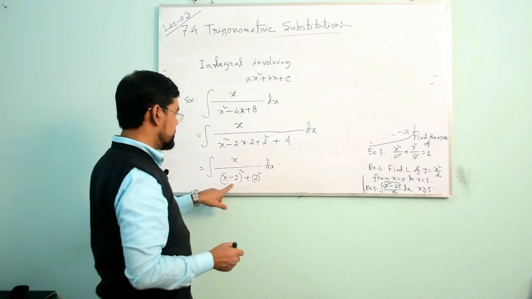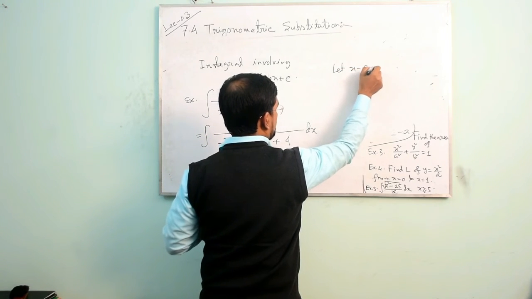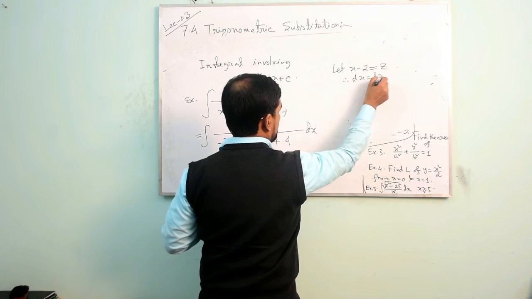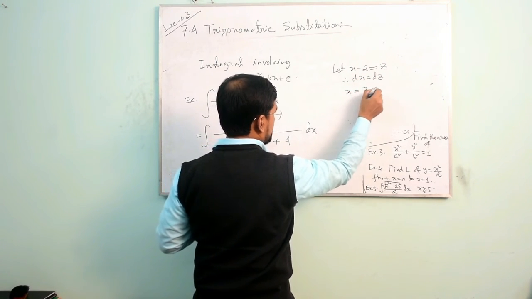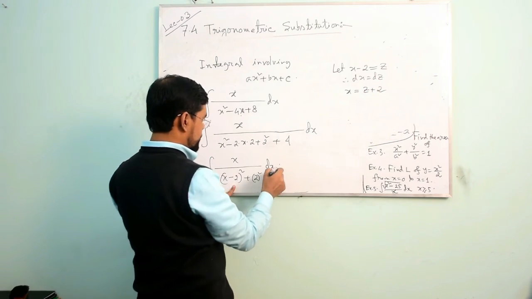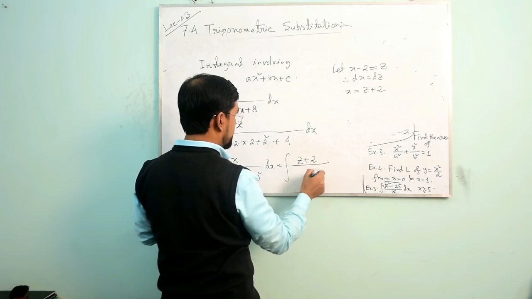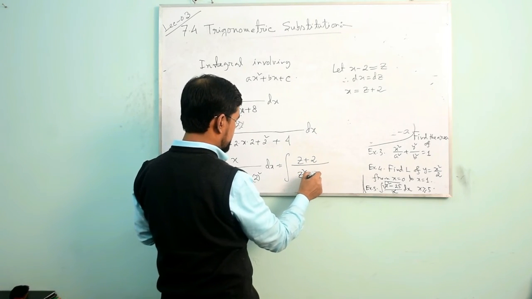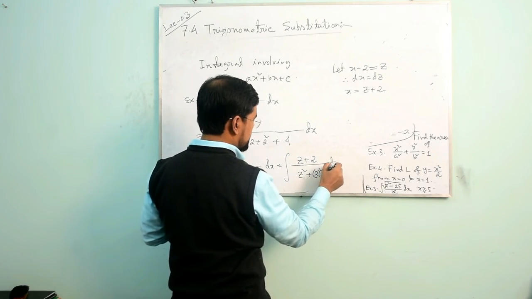Let us substitute x minus 2 equal to z. Therefore dx equal dz and x equal z plus 2. So this integral becomes z plus 2 divided by z square plus 2 square, and dx equal dz.